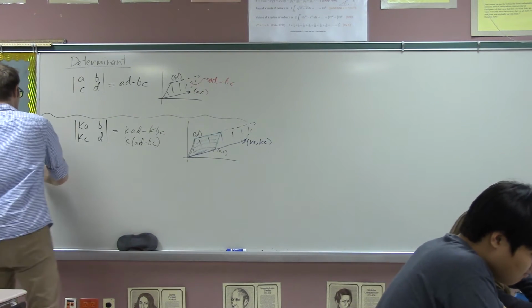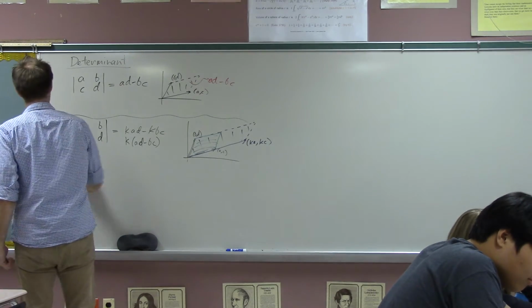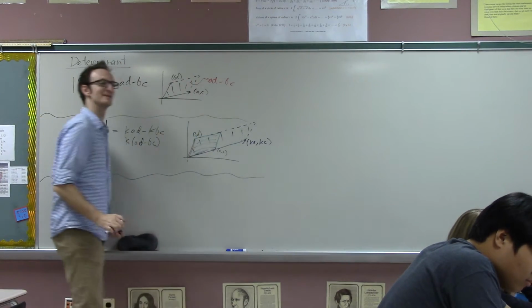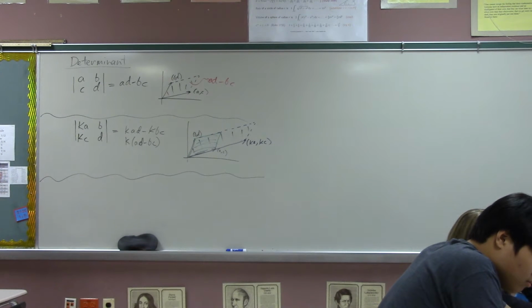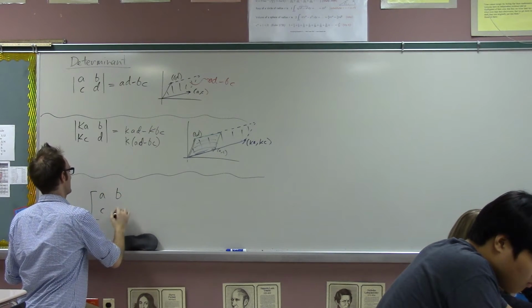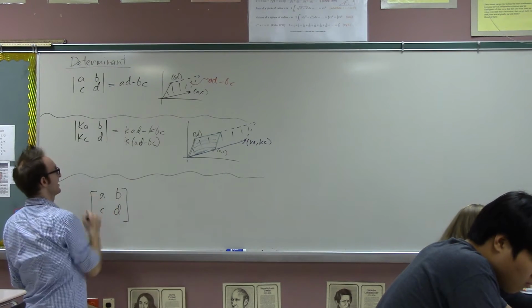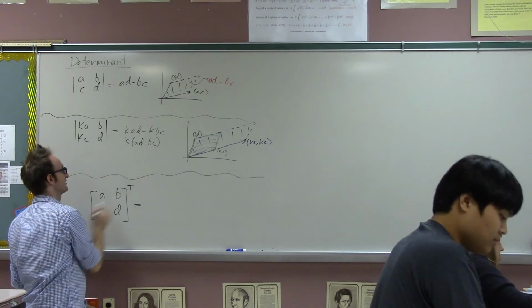So, okay, here's one that I actually just don't understand. I've put in, I don't know, 5 hours over a period of years trying to understand this, and I still don't get it. So, the transpose of any matrix. Let's take A, B, C, D, and we know that the determinant is AD minus BC. We'll take the transpose of this matrix. What do you get?